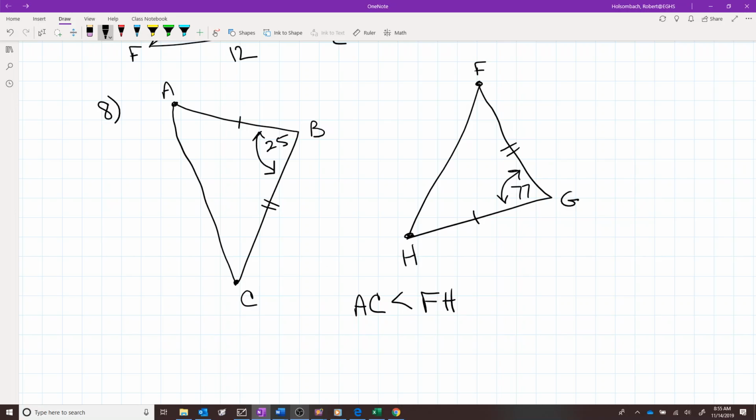It's not going to open up as far, or the 25 degrees doesn't open up as far. So AC has to be less than FH. And again, that's your answer choice A. You could also see it as FH is greater than AC. Both of those would be true.